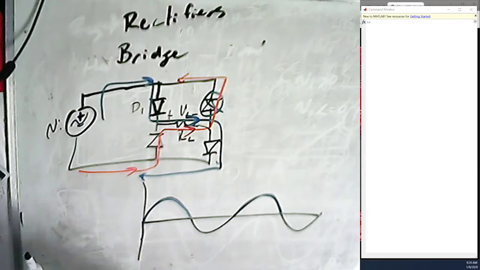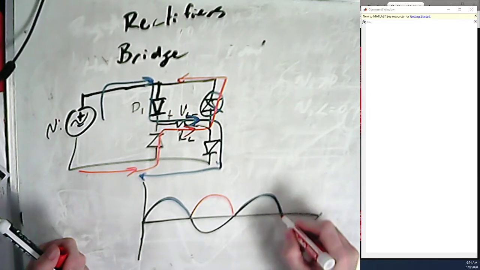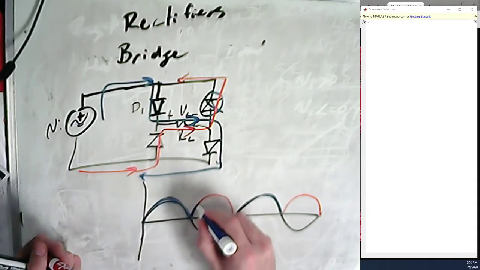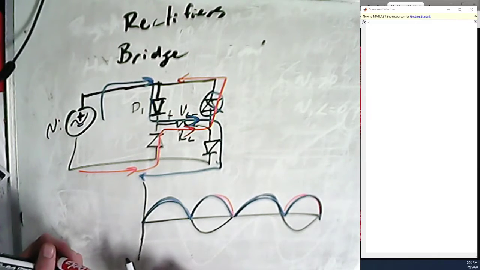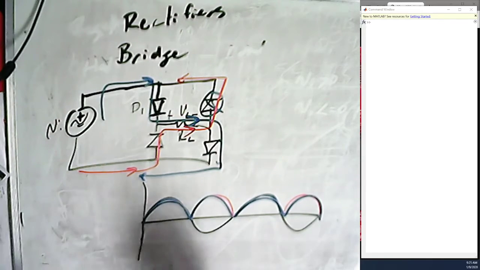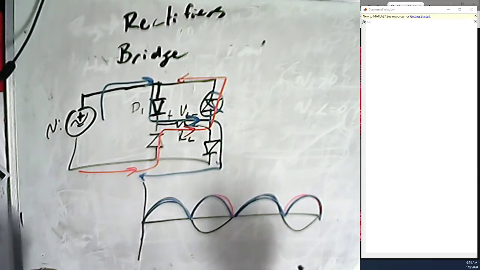For the red pathway, though, we're going to get an opposite polarity voltage over that resistor. And so it's going to give us this over RL, and so our combined waveform is actually full wave rectified. This is kind of an interesting way to describe it, but this is a full wave rectified signal.